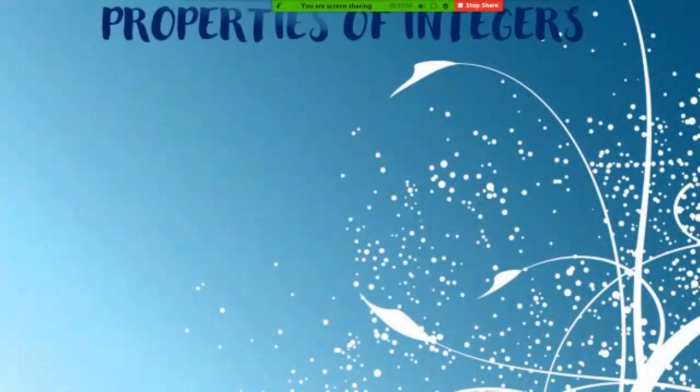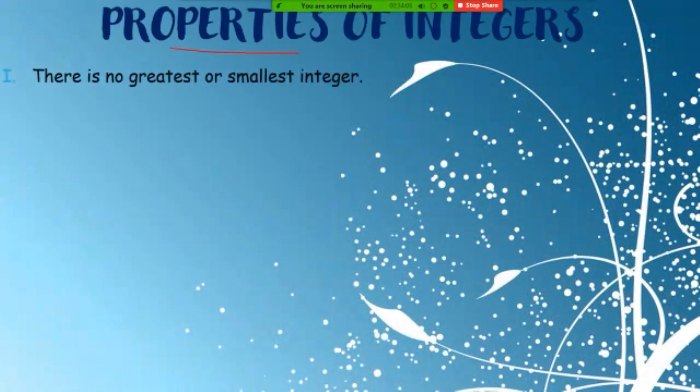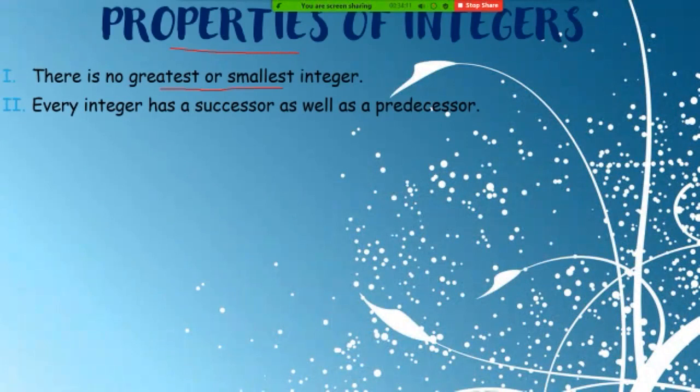Now next is a boring but important topic, that is the properties of integers. There is no greatest or smallest integer, meaning they are infinite. Every integer has a successor as well as a predecessor. In whole numbers, not every whole number has a predecessor, as 0 does not have one, but every integer will have a predecessor.